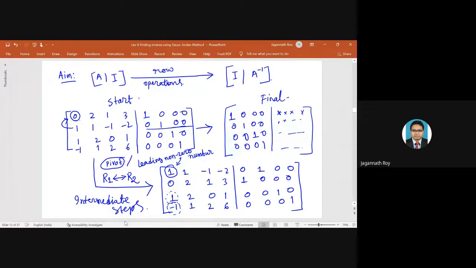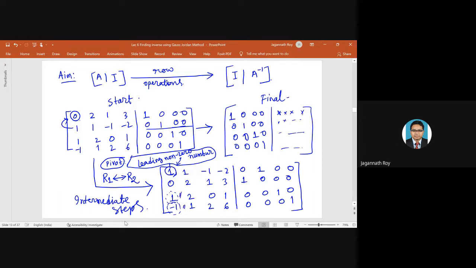Actually, we take the help of pivot, whatever you call it. So this is called the pivot element, this is the pivot row, and this is the pivot column. So here we will take the help of this pivot element to make them 0.